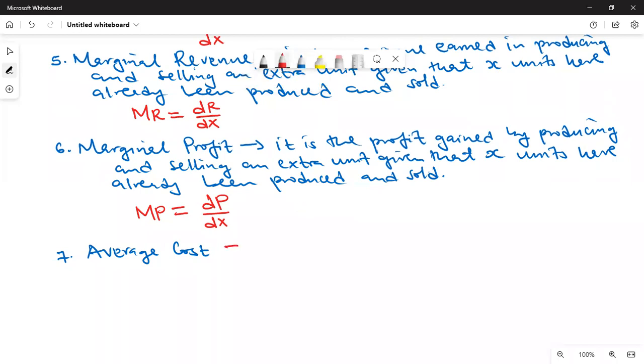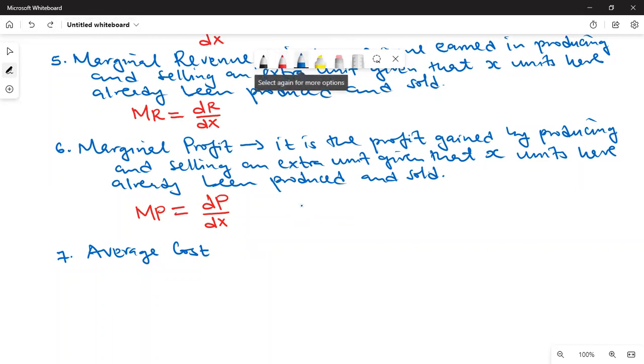So this is simply equal to, we are going to use AC to stand for average cost, equals the total cost. I can write this in full before I use the abbreviations.